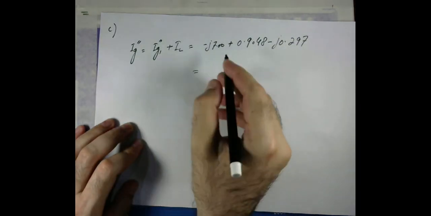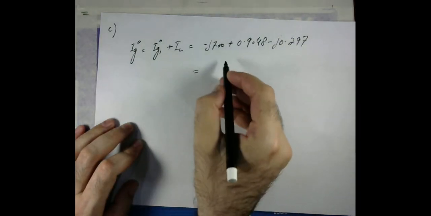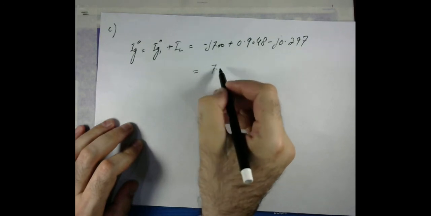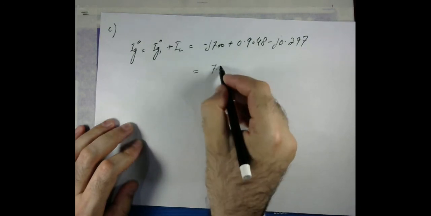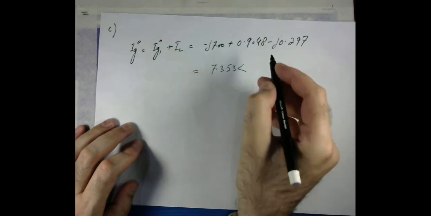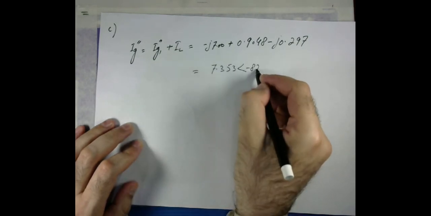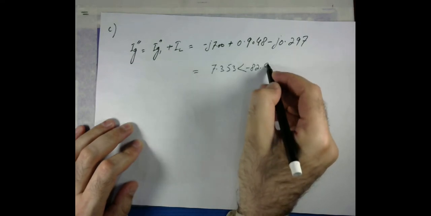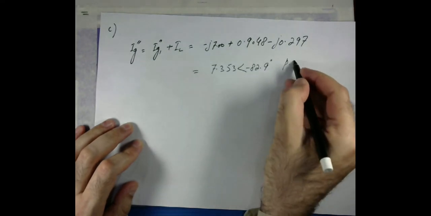So now this will be the total current, which is equal to 7.353 with an angle of minus 82.9 degrees per unit.